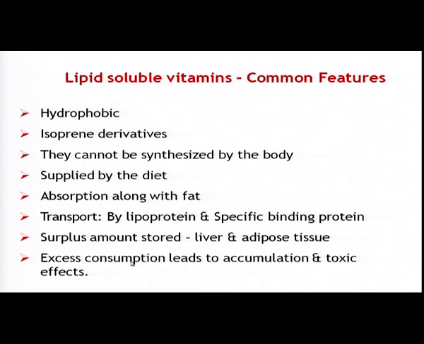But suppose even the storage organs are really full, then that leads to accumulation, and eventually that can lead to toxicity. This is a very critical thing, and we need special attention, and in fact it could be treated as a disease in itself.